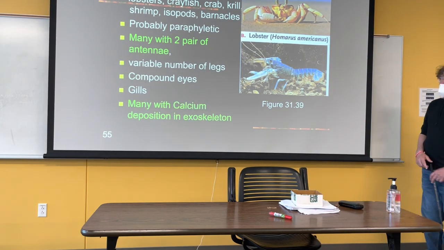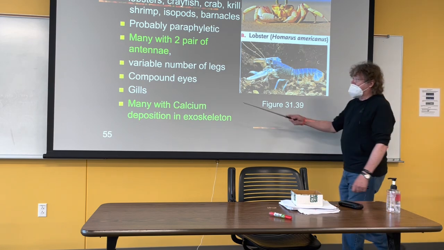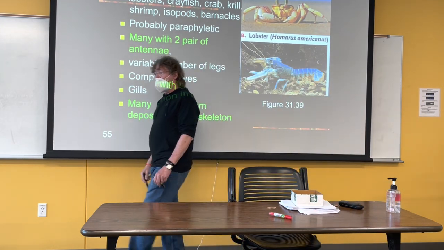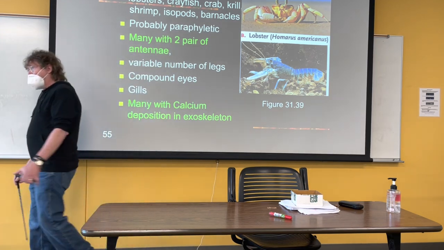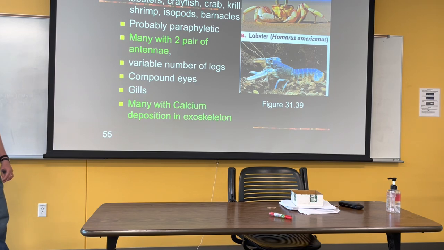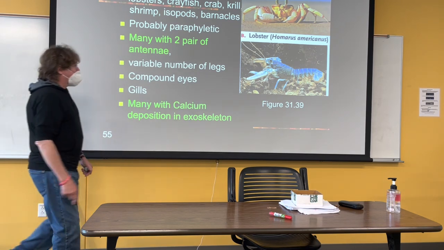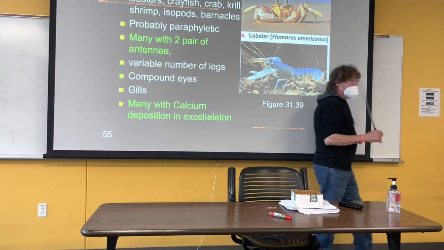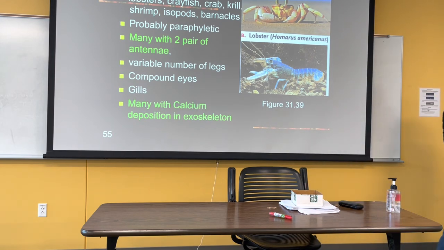Those that happen to be marine, living in the ocean, or in the water, even in fresh water, breathe by means of gills. And many of these groups have their exoskeleton reinforced with calcium deposits, making it very, very strong. That's very much true of the crab lobster group. They have very hard exoskeletons.